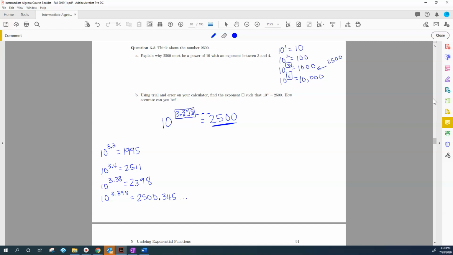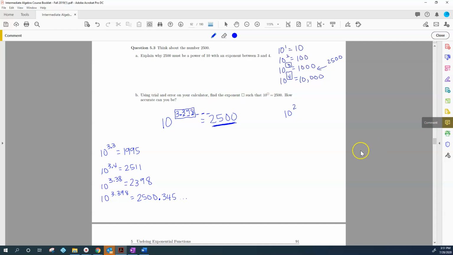So last time, remember, they gave us what the power was, and we figured that out. But now we're trying to figure out what that exponent would be if they give us the answer. So let's try another one. I want to make sure you're seeing what we're doing here.